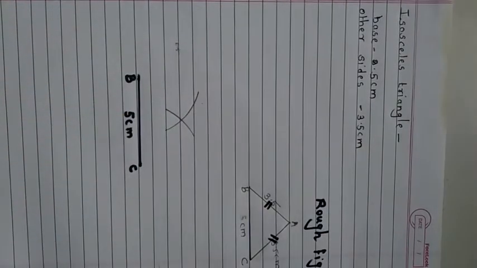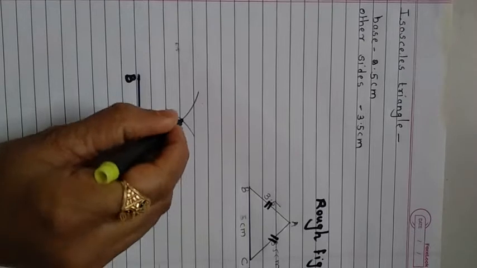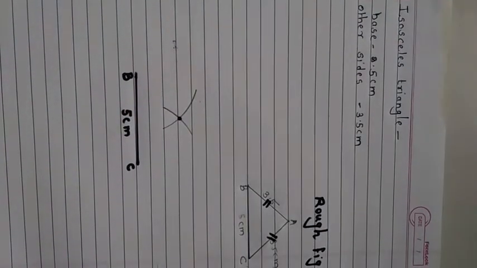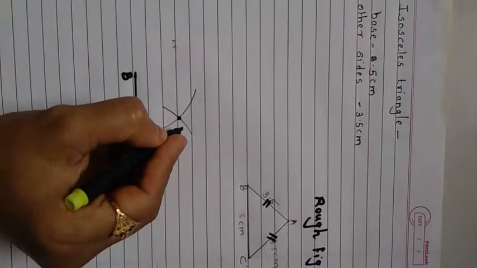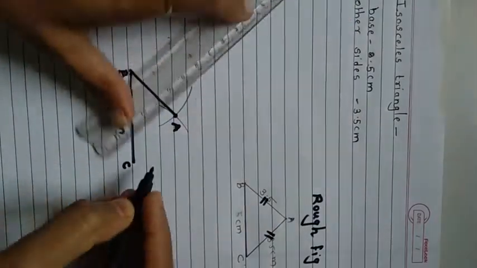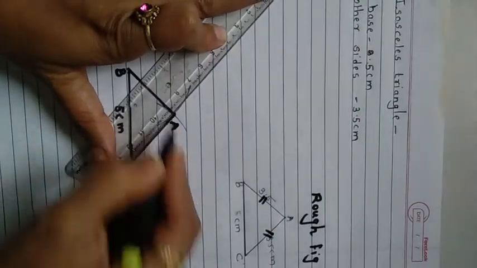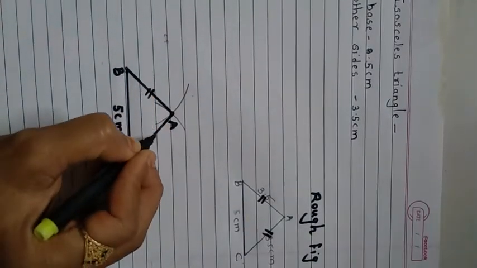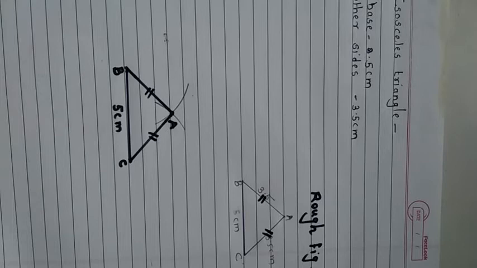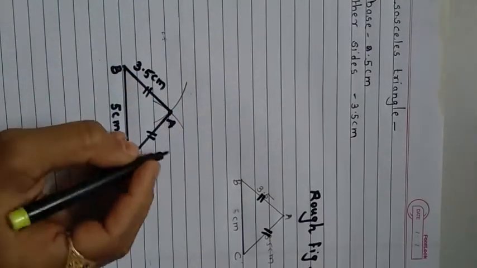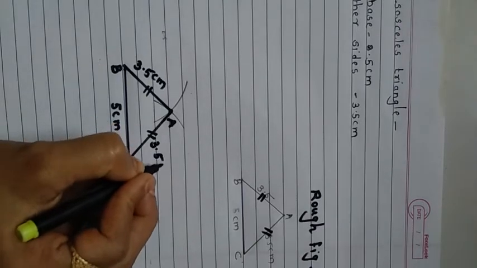Then you are getting one point. Name this point A and join by ruler A to B and A to C. You can see here this is an isosceles triangle and you can write here 3.5 centimeter. Understood?